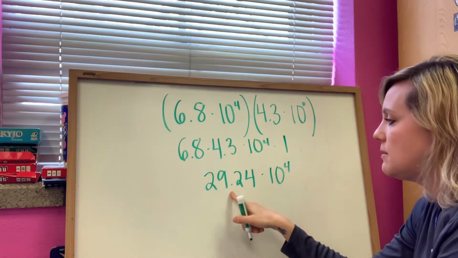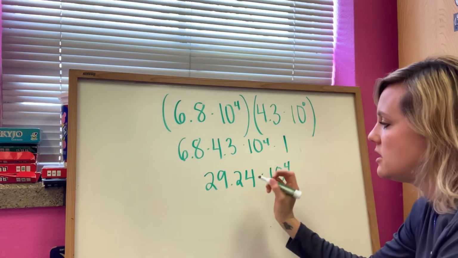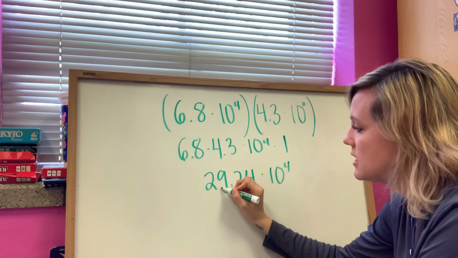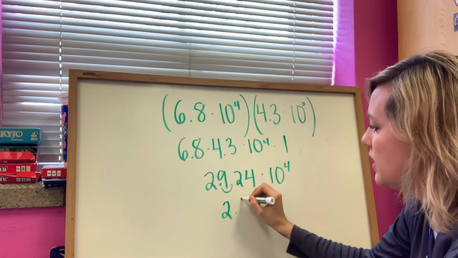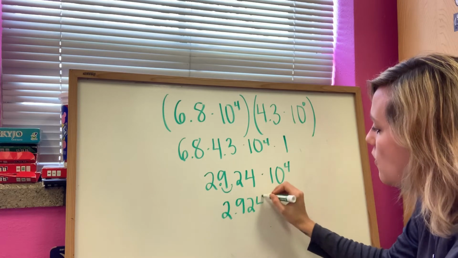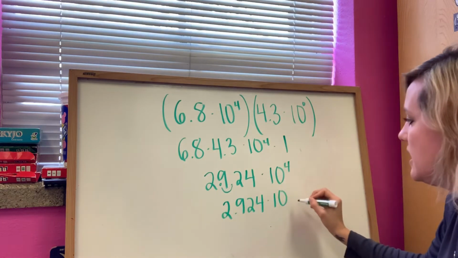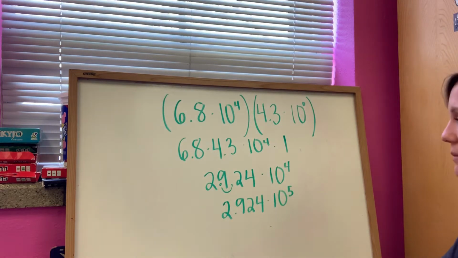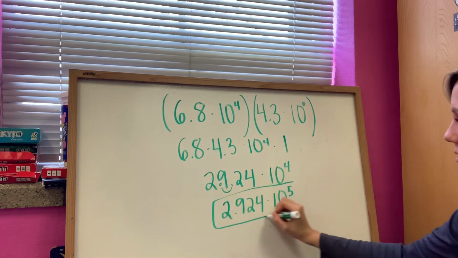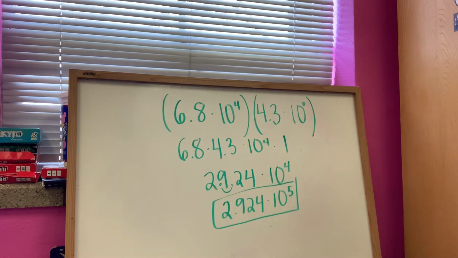Okay, but now this number isn't quite in scientific notation. It's too big of a number, so I have to move the decimal 1 spot. So I'm going to have 2.924 times 10 to the 5th power because I'm going to have to multiply an extra time to get back to that original. Okay, so there is the final answer.